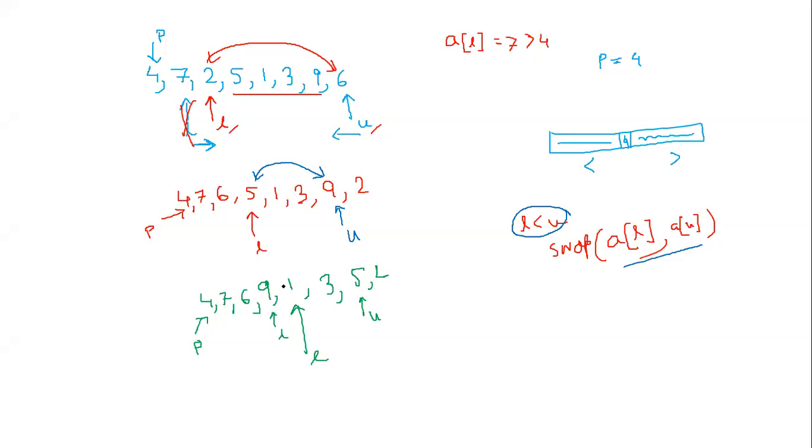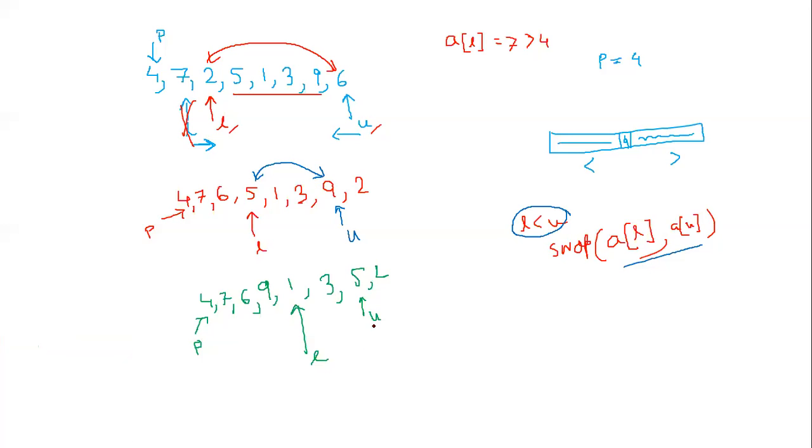The logic was, until I get a value greater than the pivot element, I will keep on increasing this L. If I find a value lesser than pivot, I will stop. So L should stop over there, right? It is now pointing over here and it stops. Fine.